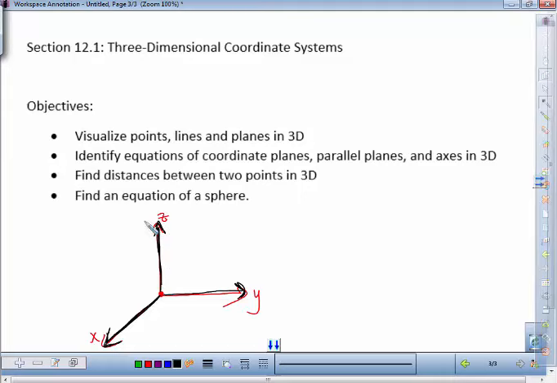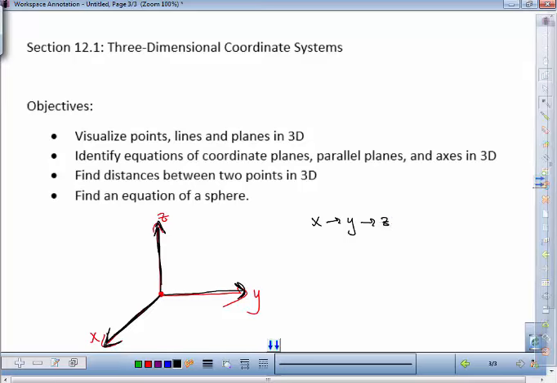Now, for those people who have taken some physics and know about the right-hand rule, the idea of this order is important because of the right-hand rule. Your x is labeled first, and then the y, and then the z.